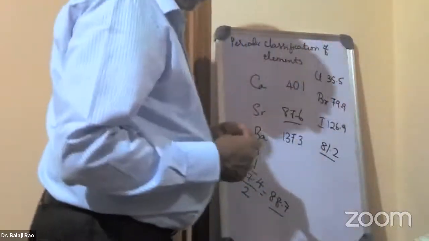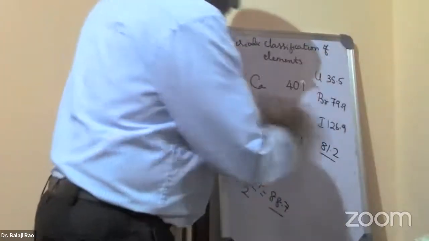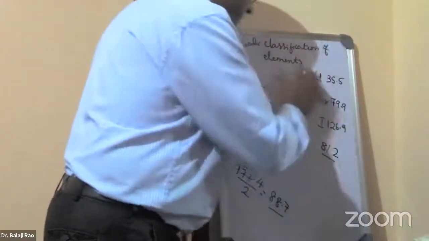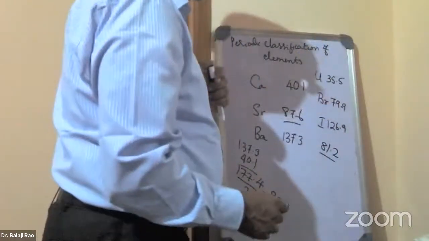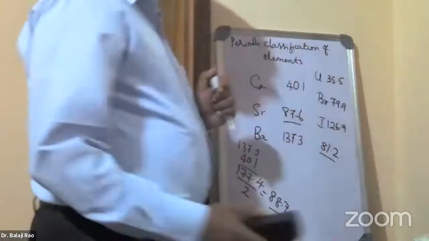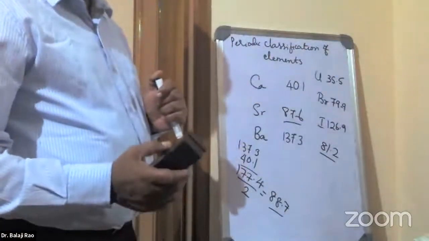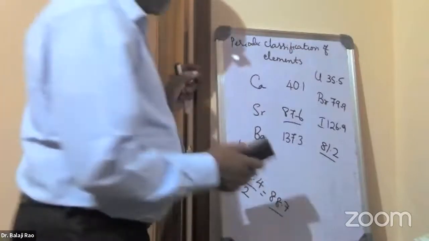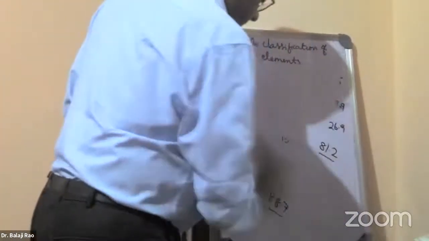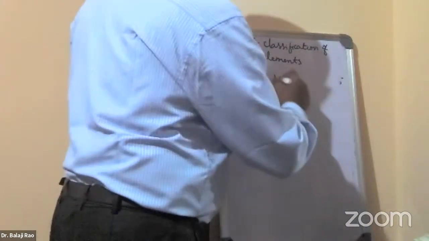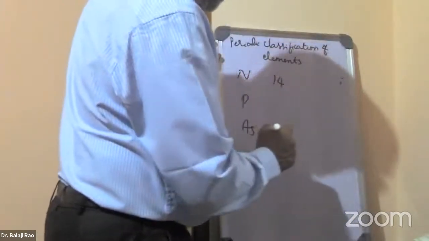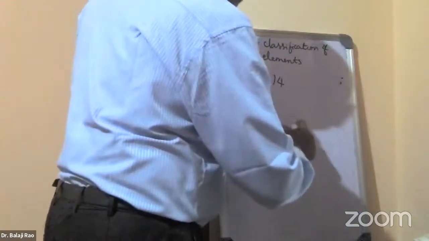Now we find that the atomic mass of the middle element is approximately the average of the atomic masses of the two terminal elements. But this was not a very successful experiment because when you look at a triad that he had proposed of nitrogen, phosphorus, arsenic, he found that the atomic mass of nitrogen is 14, the atomic mass of arsenic is 74.9.